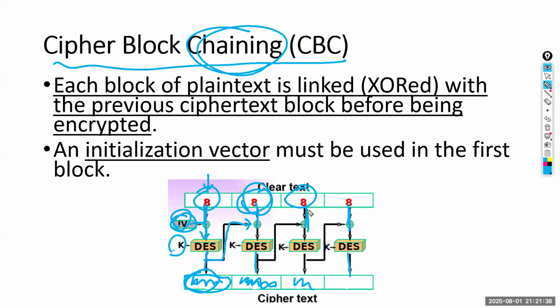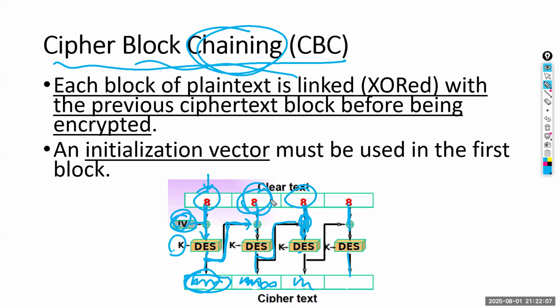For the third block, the second input is second block ciphertext, XOR, and then apply the algorithm to get the third block, and so on. So that is why we say cipher block chaining. So this ciphertext is chained to the second encryption. Second ciphertext block is input to the third encryption, one of the inputs, and so on.